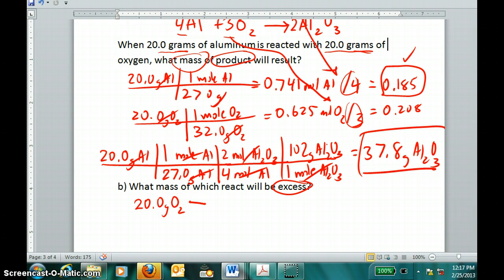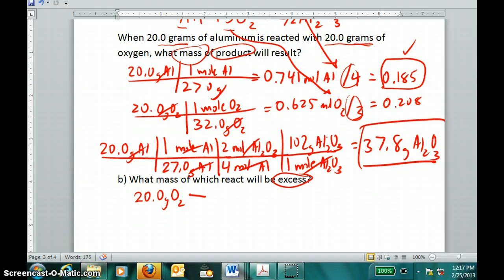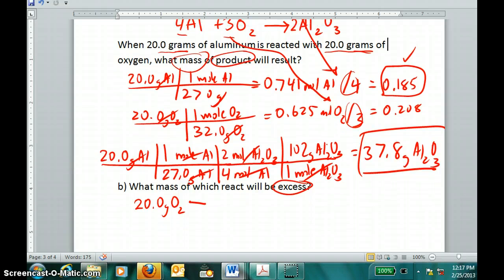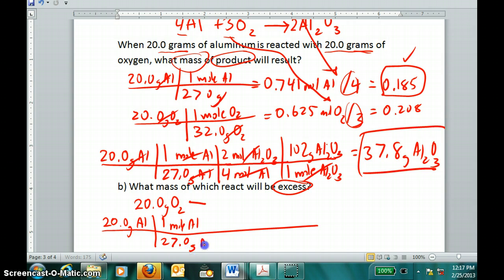Now again, I don't automatically know what I'm going to use. I need to instead do a quick calculation, stoichiometry. And I always start with the limiting reagent in all parts of these problems involving limiting reagents. And 1 mole of aluminum is equivalent to 27 grams of aluminum. Have to use moles when I'm doing stoichiometry.